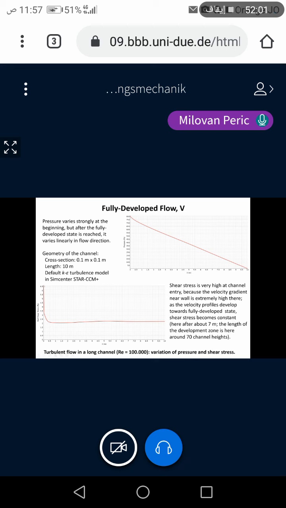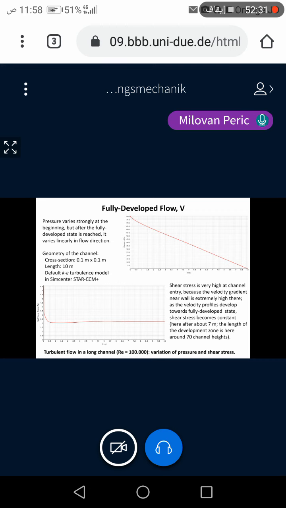Shear stress is also maximum at the beginning. And you see that here, this is taken along a certain line along the wall. So there is somewhere a minimum, then it increases again, overshoots, then settles down, and then from somewhere like 7.5 meters distance, it becomes constant. And this means that we need about 70 channel heights length of the channel to get the fully developed flow.